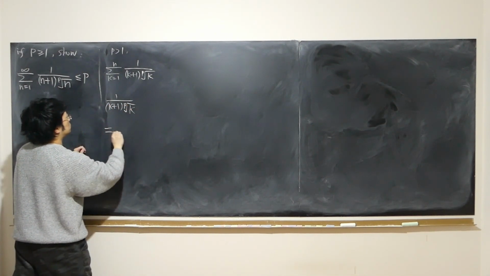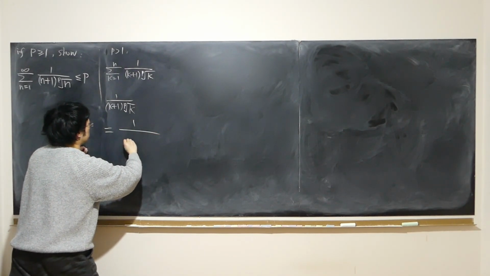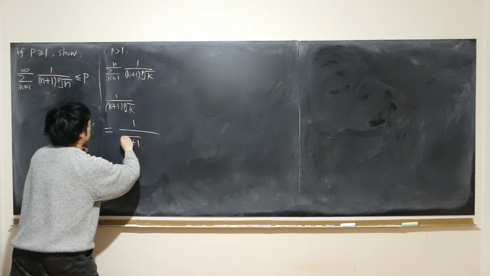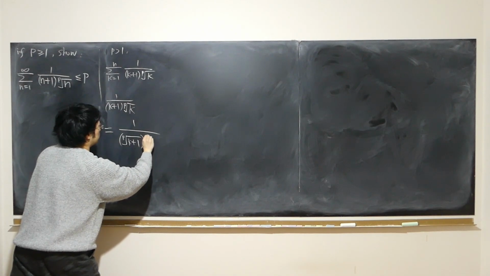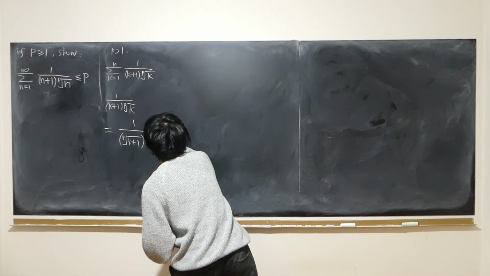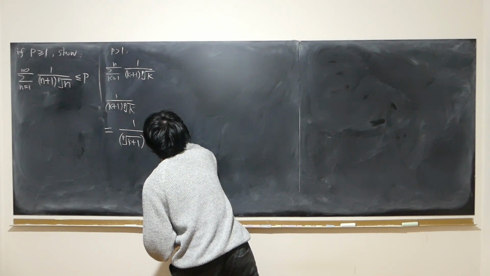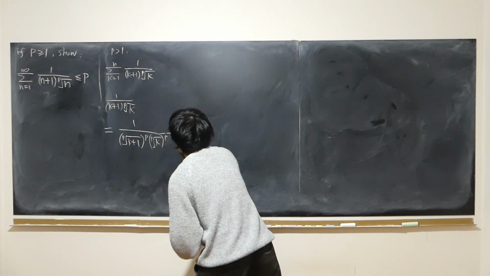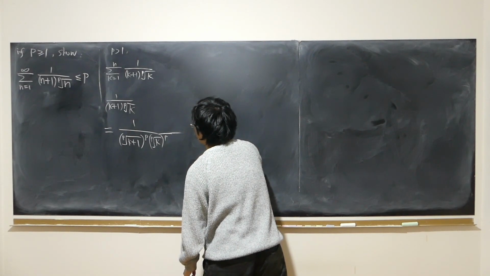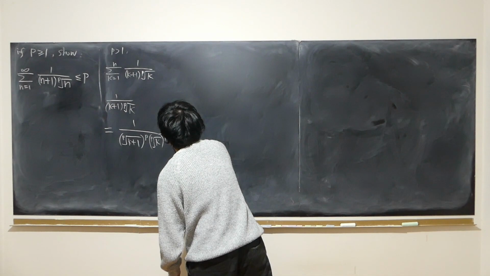That is equal to, I'm going to rewrite k plus 1 as the pth root of k plus 1 to the power of p, then times the pth root of k to the power of p. Right, that is just k. Now I have to multiply by k to the power of minus 1 just to cancel it out.